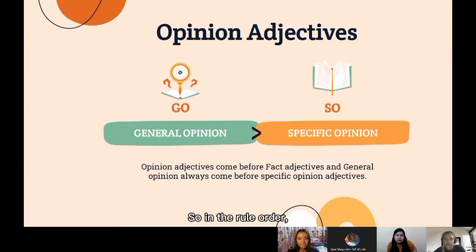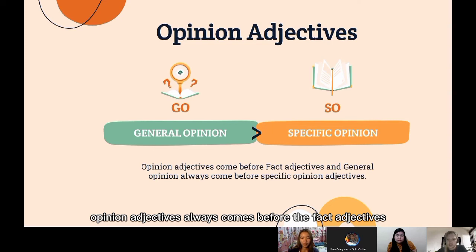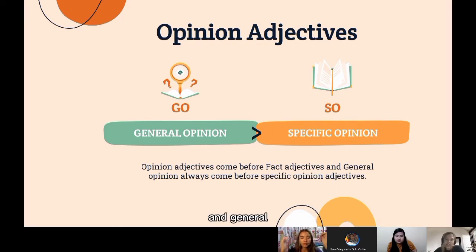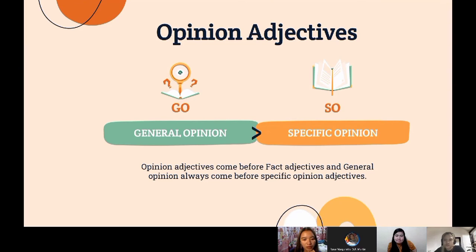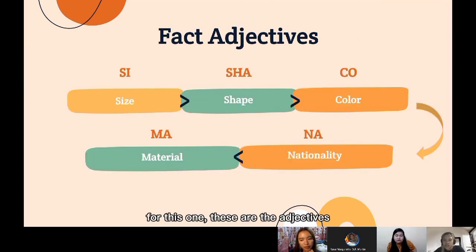So the rule order is, opinion adjectives always come first before the fact adjectives. And general opinion always comes before the specific opinion. For this one, these are the adjectives. Please pardon the mistake on the presentation.